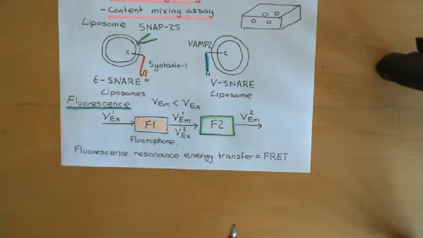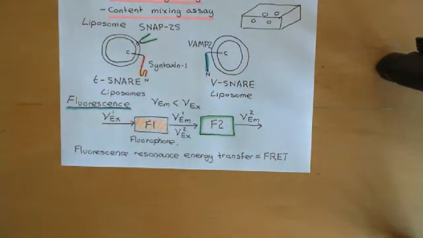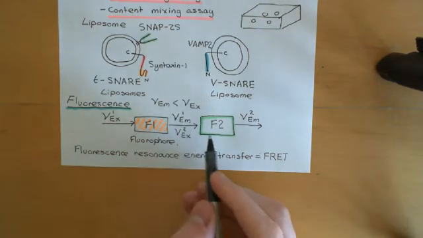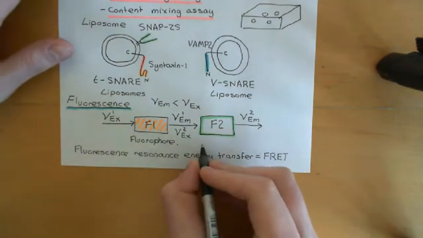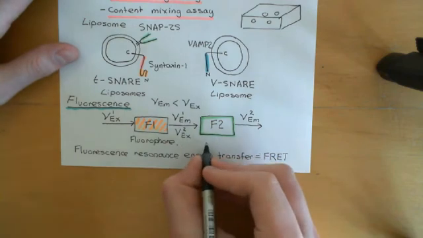What frequency of electromagnetic radiation are you going to get coming back? It will be the emission frequency for fluorophore 2 rather than the emission frequency for fluorophore 1. So we say that effectively the emission frequency of fluorophore 1 has been quenched.